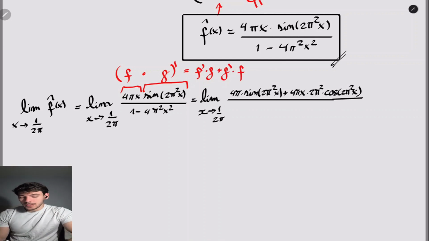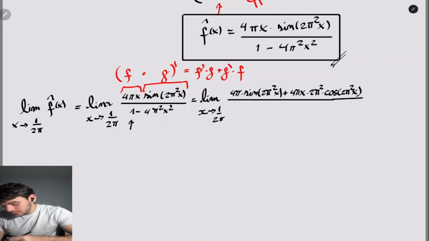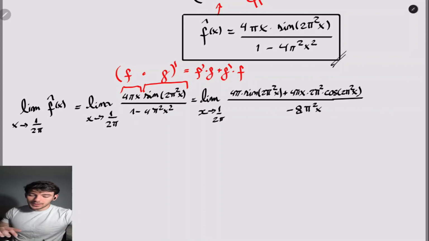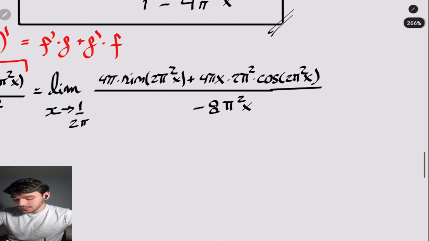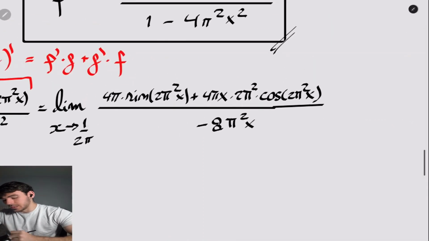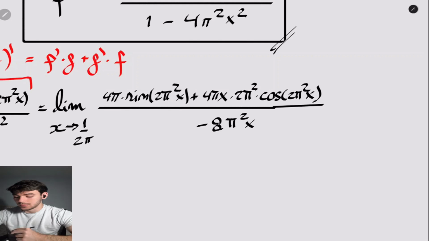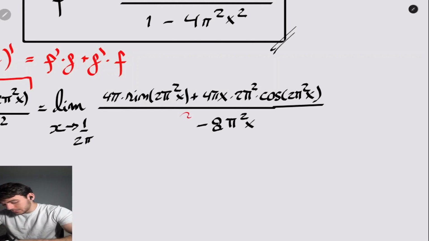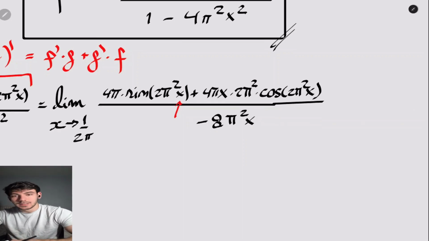Okay, and now we're gonna derivate the denominator. That's easy. The one is gonna vanish, and here we'll have minus 8 pi squared x. Okay, now we can just substitute the value of 1 divided by 2 pi, and we'll have a value for the limit. So here, if we have 1 divided by 2 pi in this x here, we'll have sine of pi, that's 0.